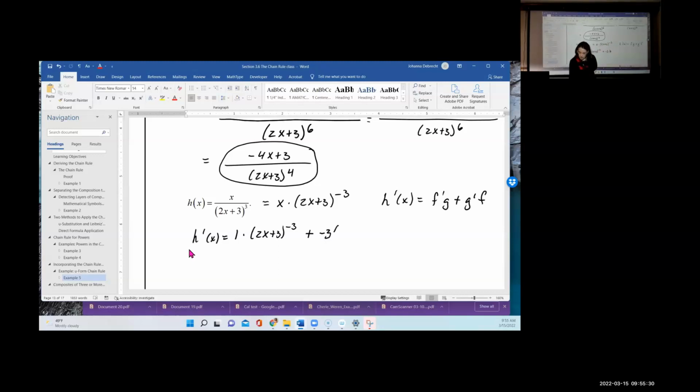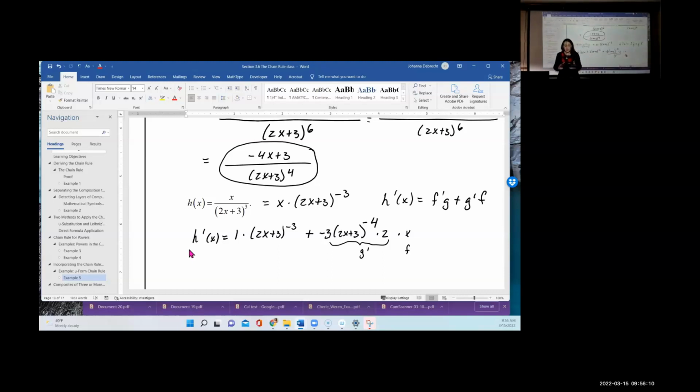We get a negative 3, freeze the inside at 2x plus 3, reduce the power by 1, so it goes to a negative 4, and then multiply by the derivative of the inside, which is 2. So all of this represents g prime. All right. And then we're going to multiply by f, which is x. So we're applying the product rule, and this is the chain rule inside of the product rule.